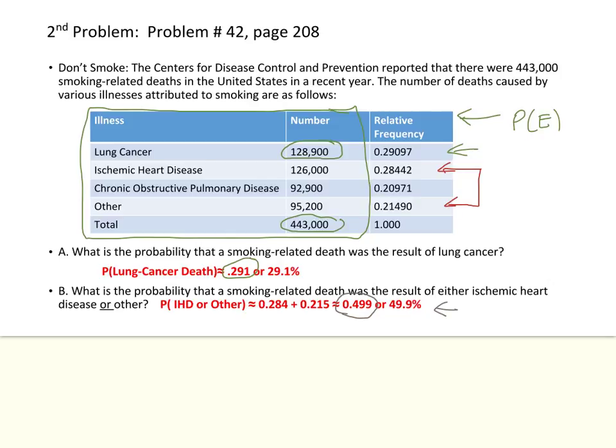The idea in this problem is that if we do have a relative frequency distribution based on categories, we can first get the relative frequencies to calculate probabilities. That ends our problems in Chapter 5-1.